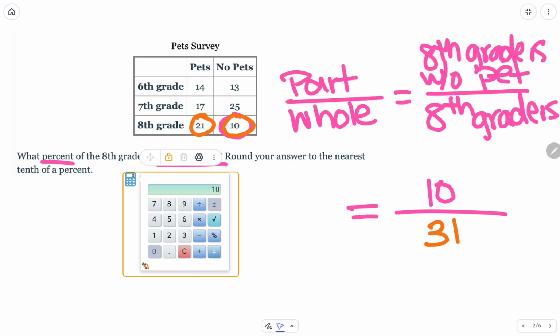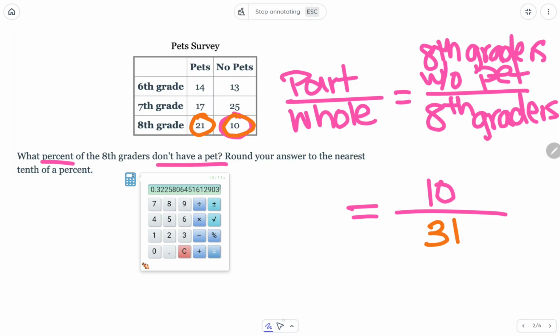So we do 10 divided by 31 in our calculator, and we get 0.3225. So let's round that. So this is about equal to 0.32.